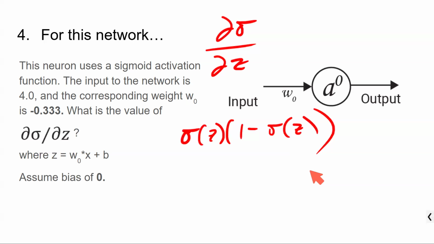You are going to need to have the function. You're going to need to have this function somewhere out there, and not exactly this, but something very close to this. You're going to need the derivative of the activation function with respect to this.